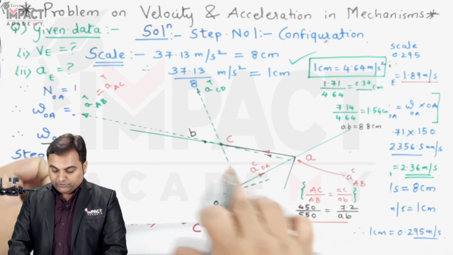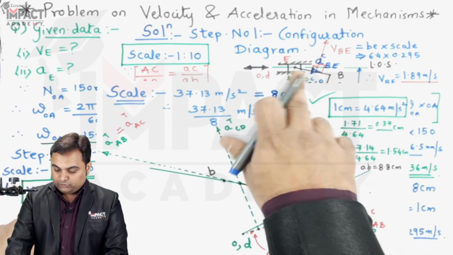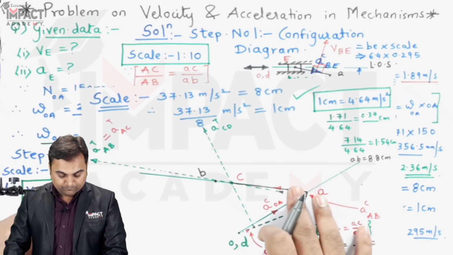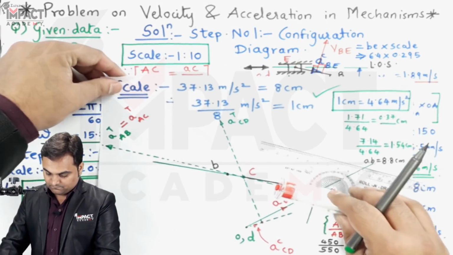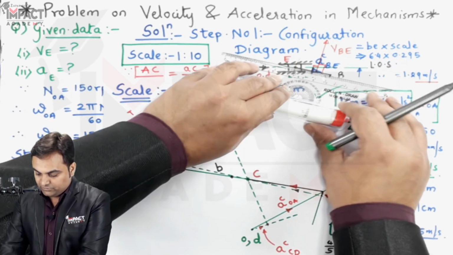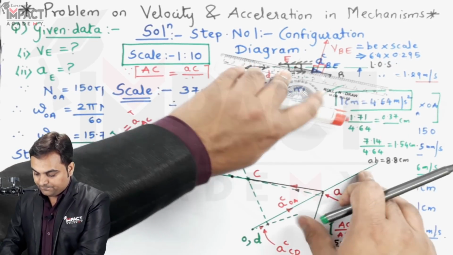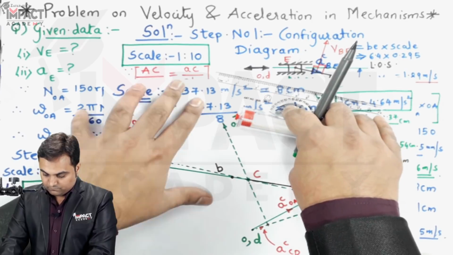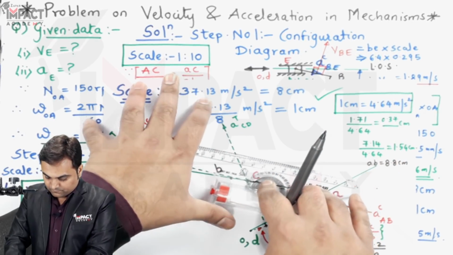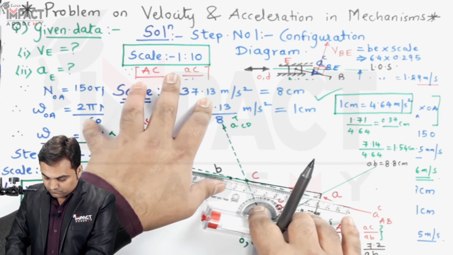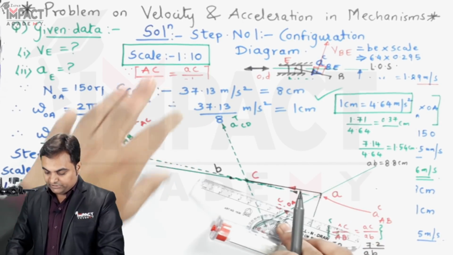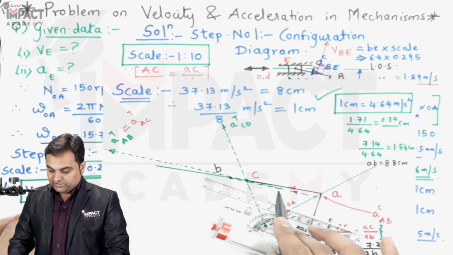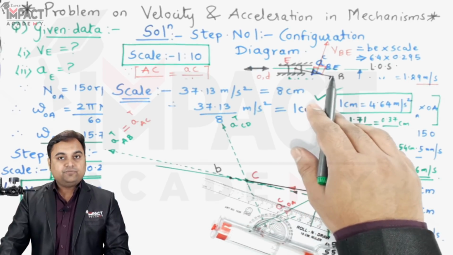After getting point B, I'll draw a line parallel to BE passing through point B. So parallel to this link BE, drawing a light dotted line. Now this line shows the direction of centripetal acceleration for BE.